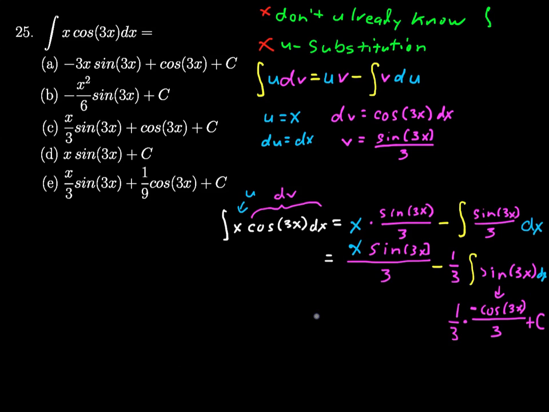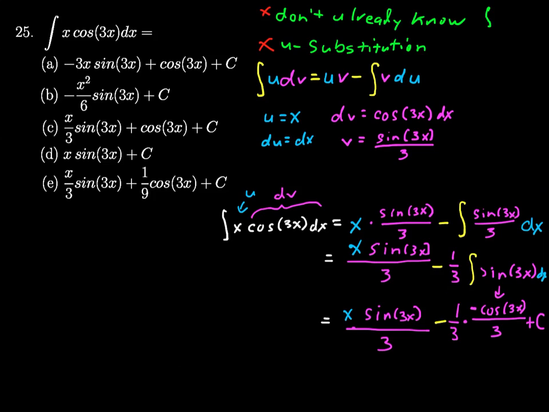And let's bring down everything else. So equals, I still have x times the sine of 3x divided by 3 minus 1/3 times the negative cosine of 3x divided by 3 plus c.